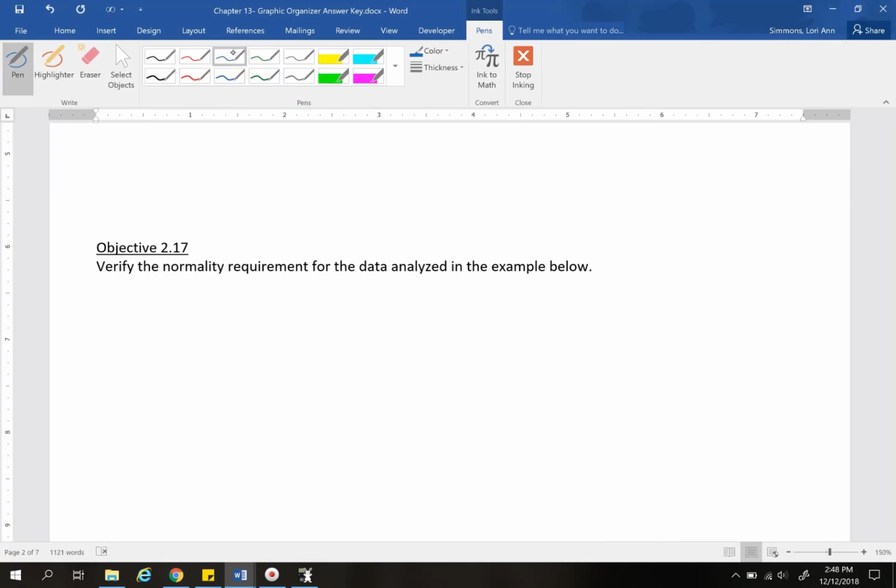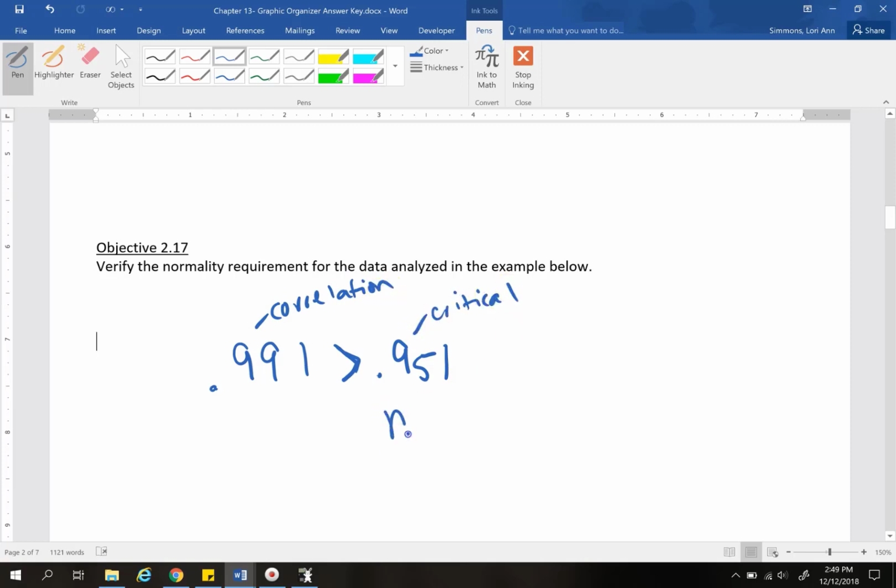This was not covered in this course, but the correlation for that line that we just found was 0.991, and the critical value for the amount of data points we had was 0.951. Since our correlation was greater than the critical value, we can say it is normally distributed.